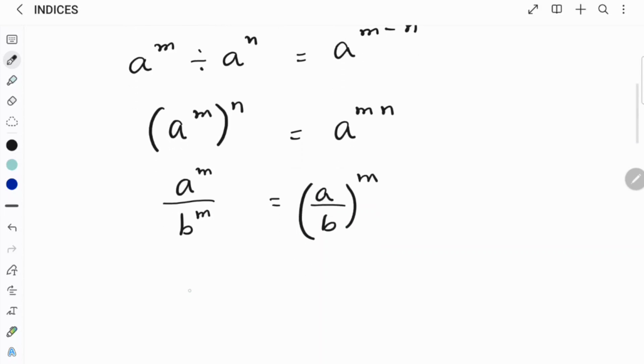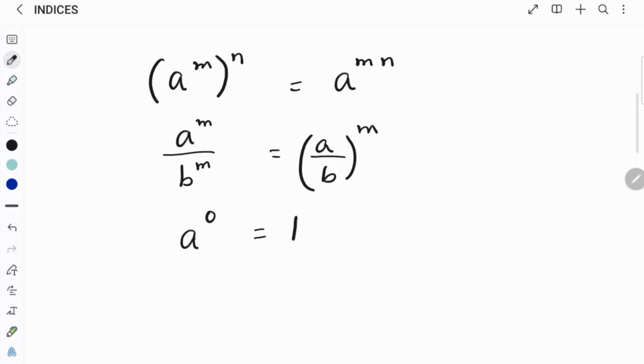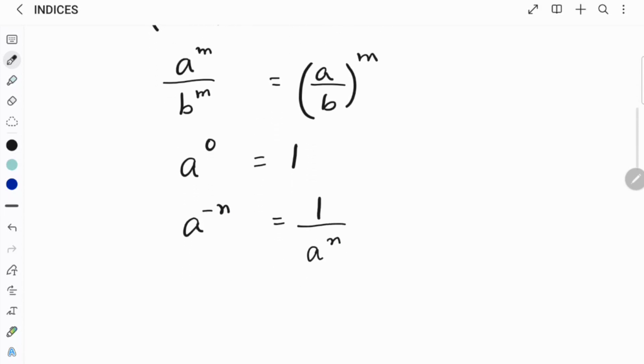Any number to the power 0, the answer is 1. And also, for example, if you have a negative power, like a to the power minus n, that will be 1 upon a to the power n. I'll tell you the examples as well.